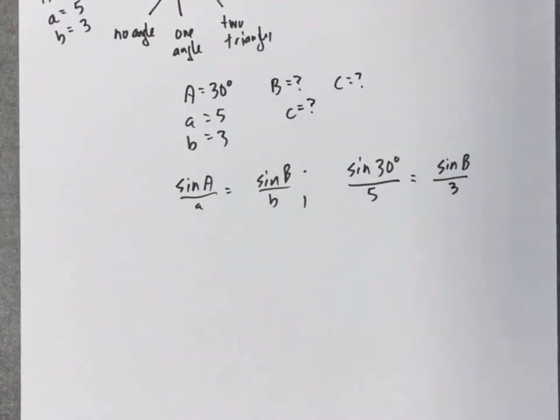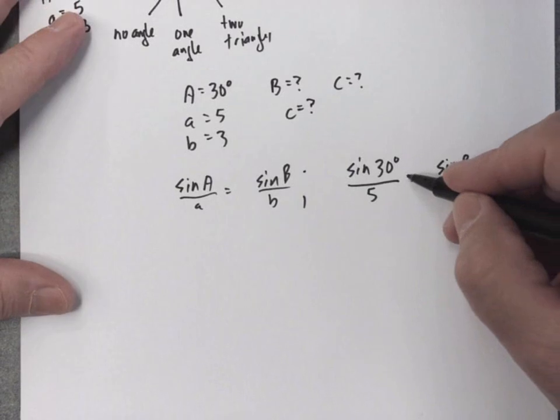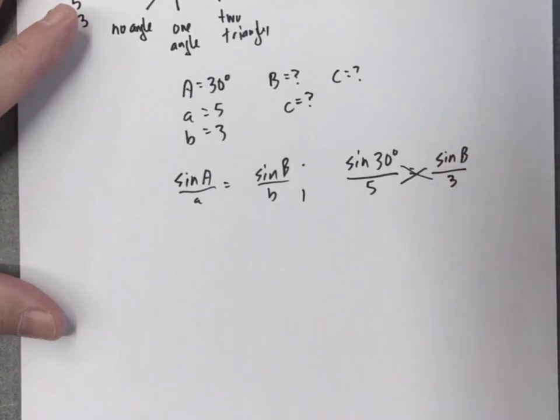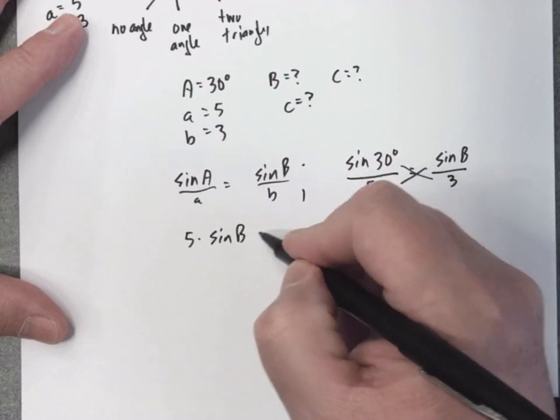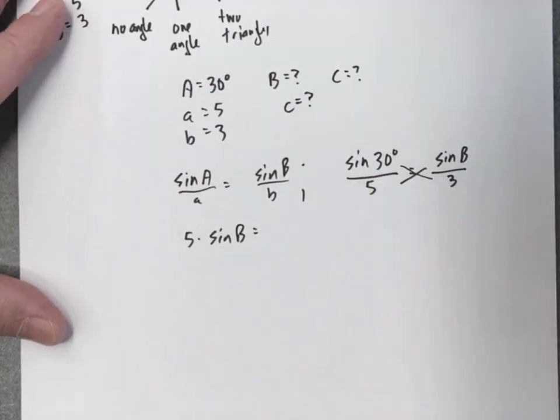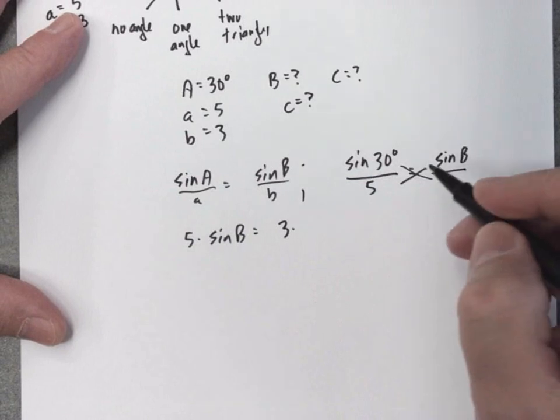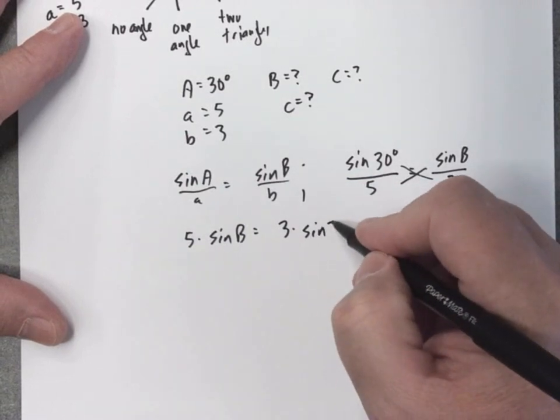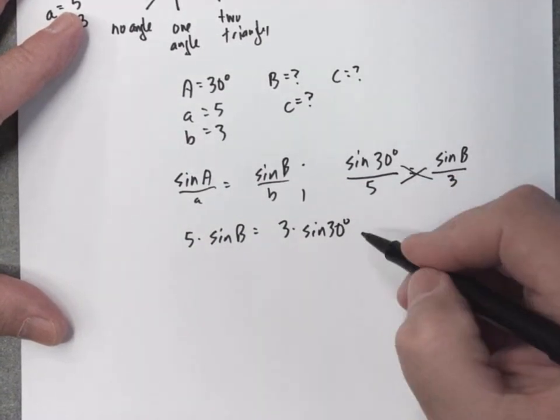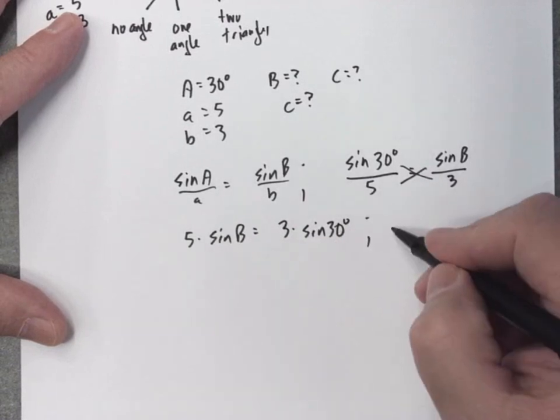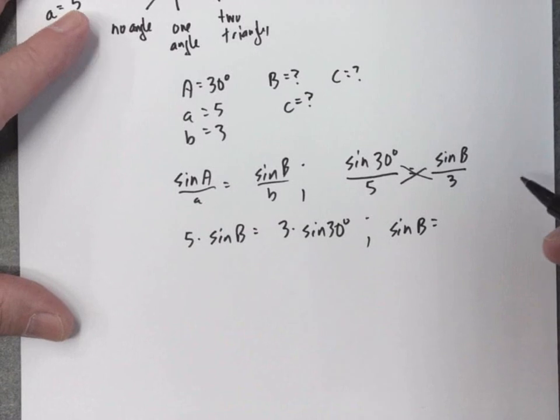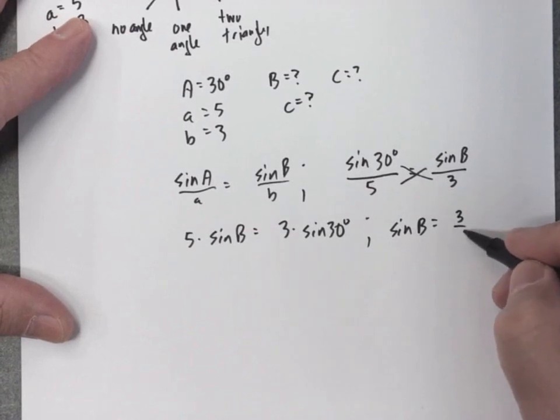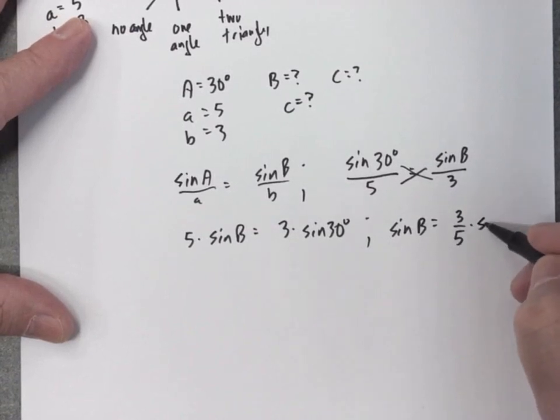So the only thing in here I don't know is sine of B. Let's just cross multiply again. I'll have 5 times the sine of B equals 3 times the sine of 30 degrees. And if I solve for the sine of B, because I'm trying to figure out angle B, it's going to be 3 over 5 times the sine of 30.